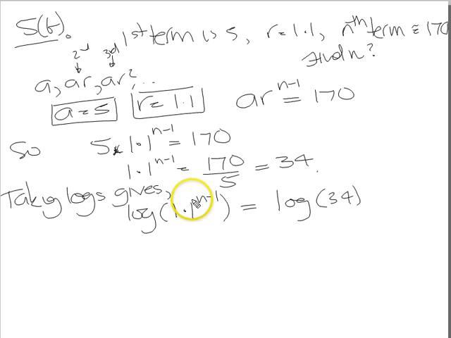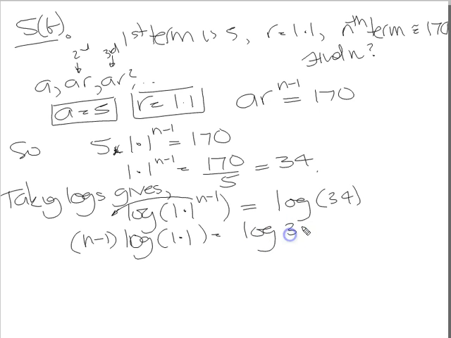Okay, now the properties of logs, this little chap in here swings down to ground level there. So you get n minus 1. More than one term, put brackets. Log of 1.1 equals log of 34. Agreed? So now divide by log 1.1, so n minus 1 equals log 34 over log 1.1. That moves that from times to divide.